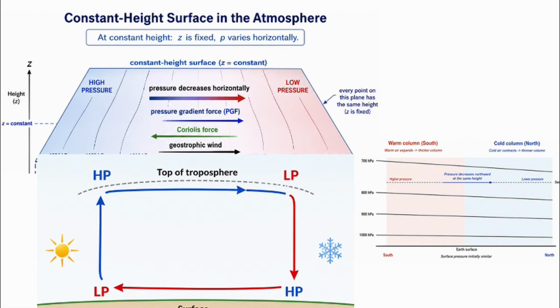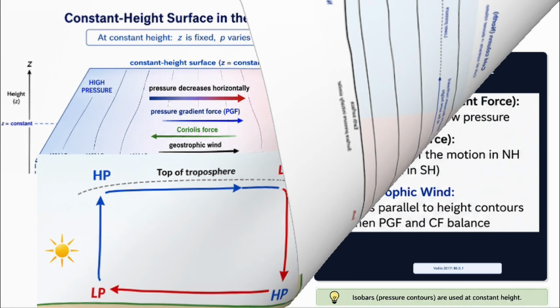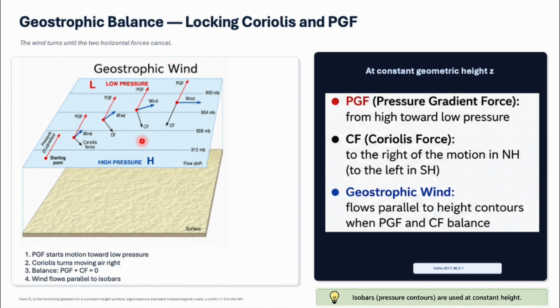The answer comes from Earth's rotation and the Coriolis force. This figure on the left is the standard geostrophic story. At first, a parcel feels a pressure gradient force from high pressure to low pressure, as you see in this figure, and there is no Coriolis force because the parcel is not moving.